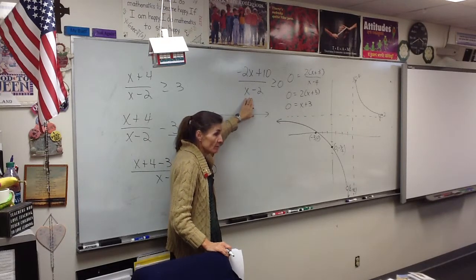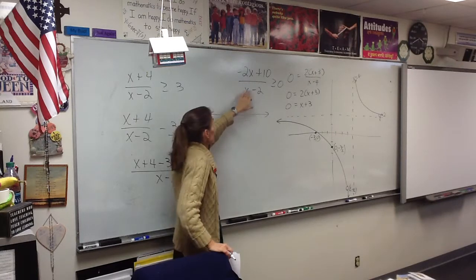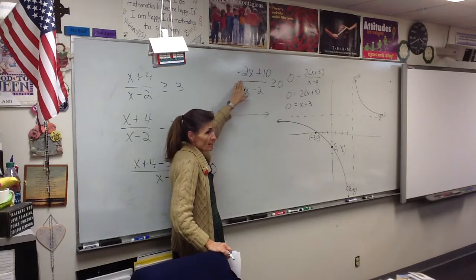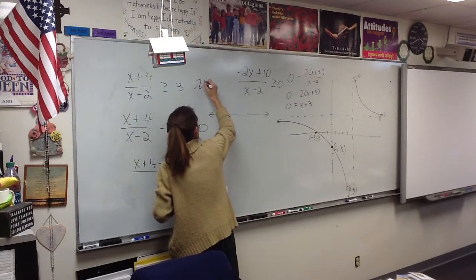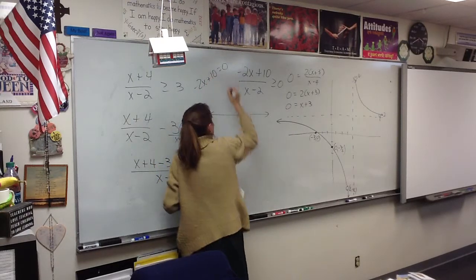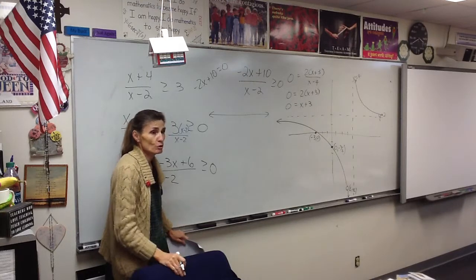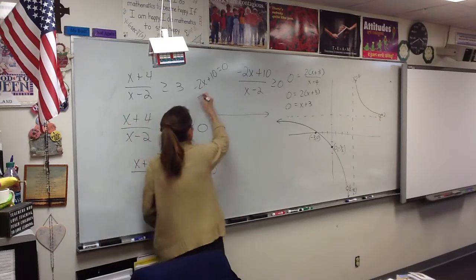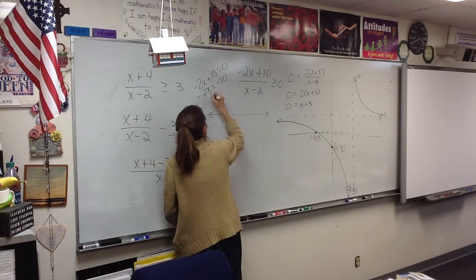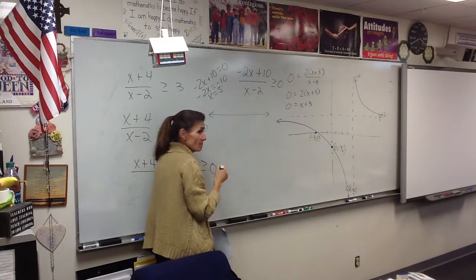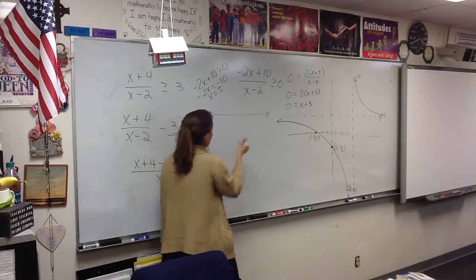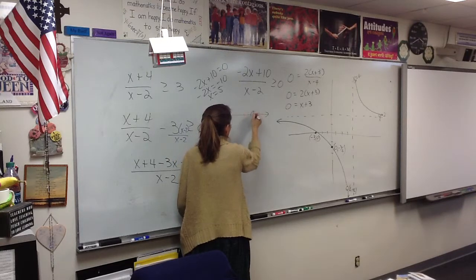The denominator. It's a 2. The numerator is a little tricky. So over to the side, just set it equal to 0 and solve it. That will tell you where to put your dot. So negative 2x equals negative 10. Where am I going to put my dot? At 5. So I have a dot at 2 and a dot at 5.